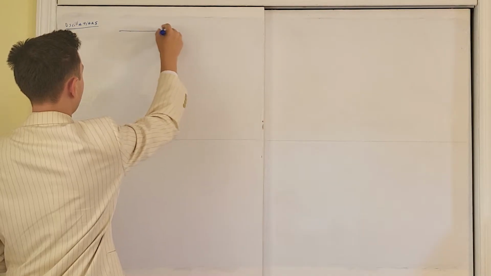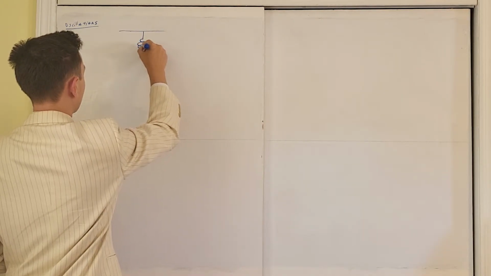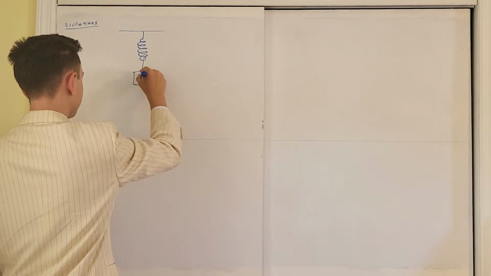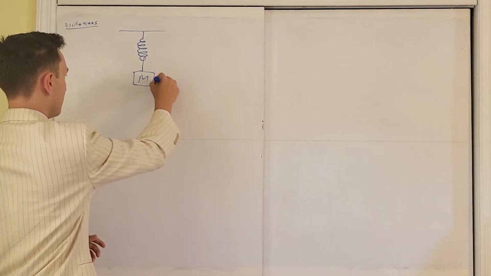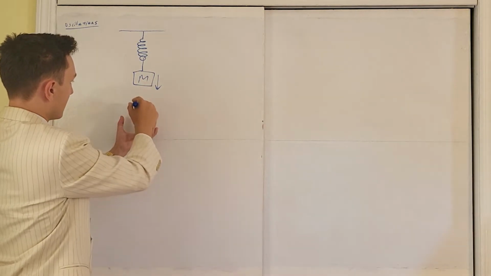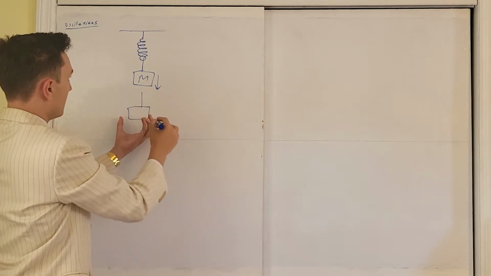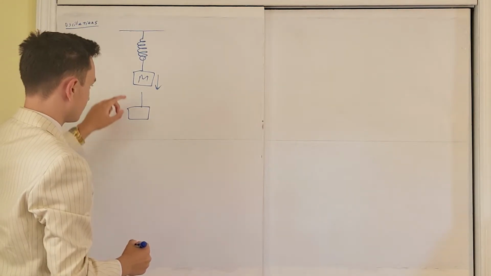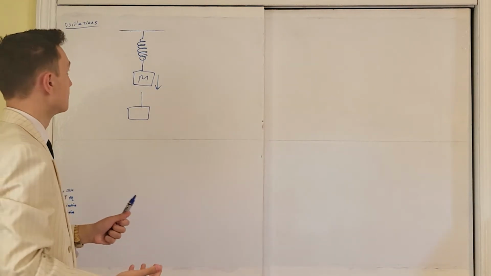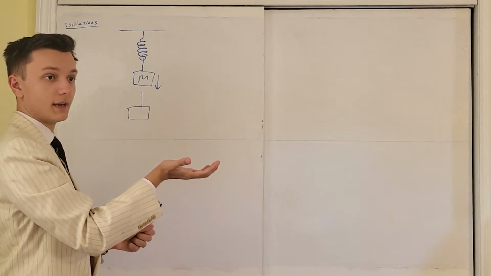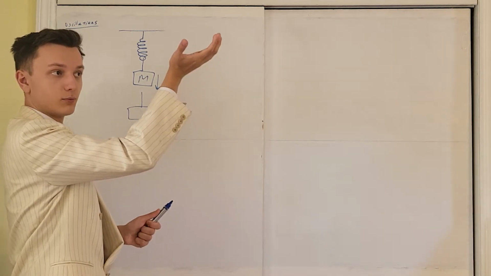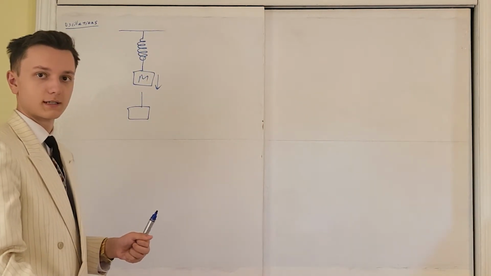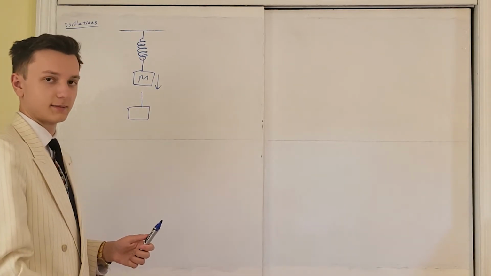Where if I had a spring and I hung it from the ceiling right here and I attached a block of mass to it, if I were to pull this mass downward to right about here, then I release it, the spring would pull the mass back up, and the mass would have some momentum, so it would continue to accelerate upward, and the mass would compress the spring in its upward ascent, and the compressed spring would therefore release its compressed spring potential energy and force the mass back downward.